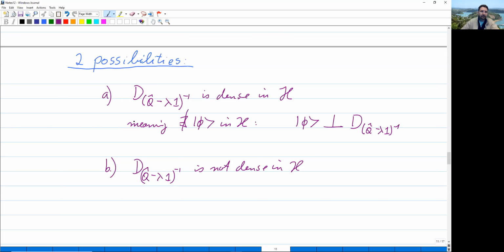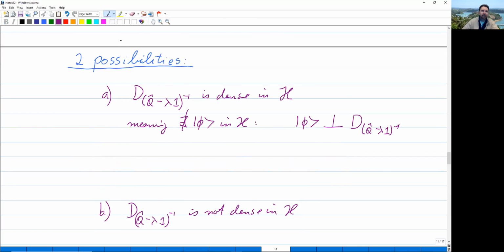Now, I need to move this a little bit. The case A, where the inverse exists but is not the entire Hilbert space, is the interesting case.